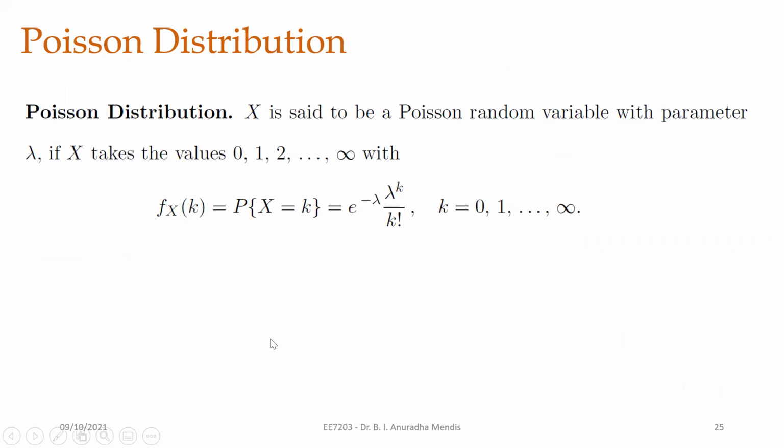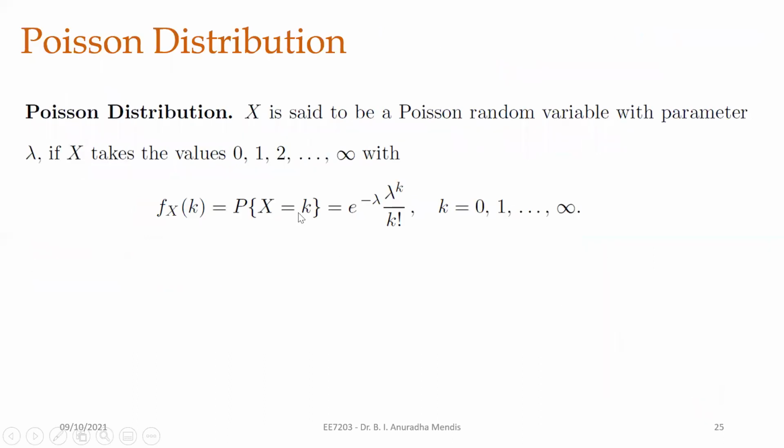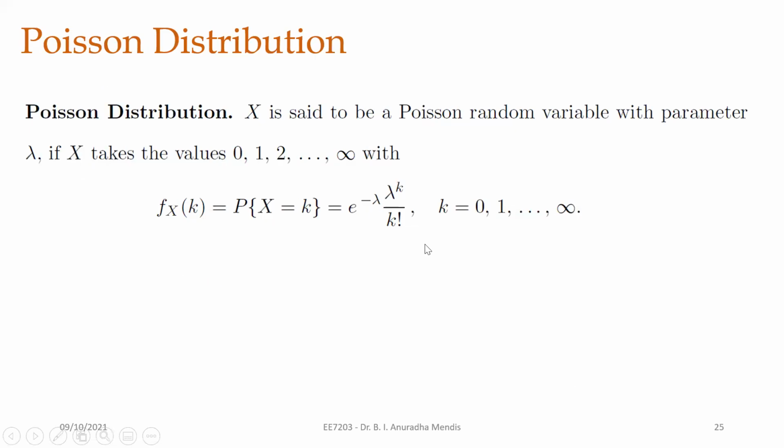This is the same definition: x is said to be a Poisson random variable with parameter lambda if x takes the values 0, 1, 2 up to infinity. This is the probability mass function given in this way. This is for x equal to k, nothing different.